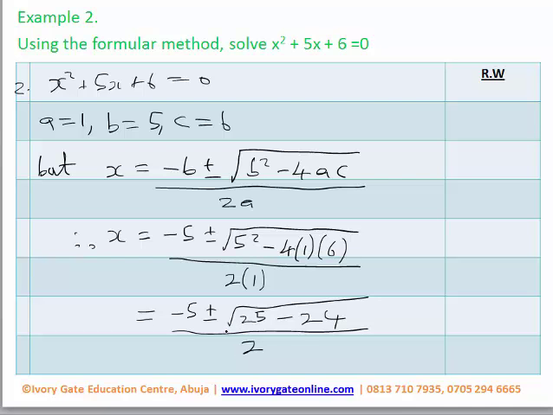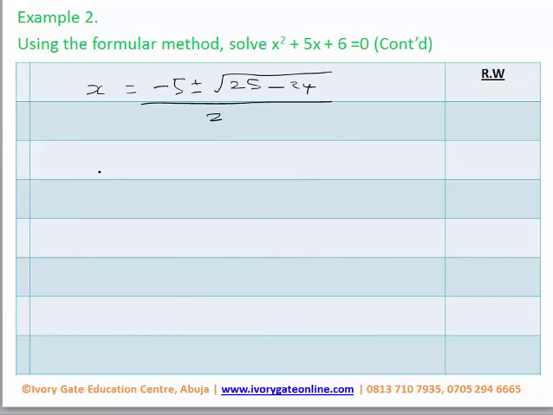Flipping over to the other side, we have that x is equal to minus 5 plus or minus square root of 25 minus 24 all over 2.